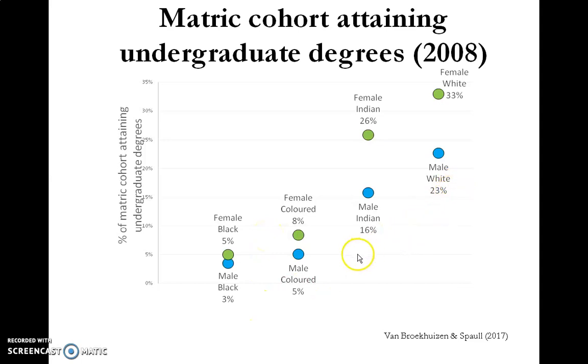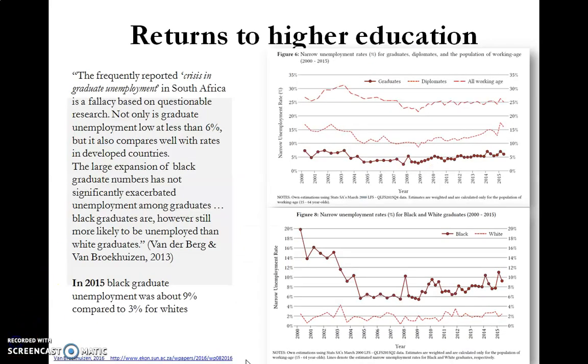But you can still see that the racial divisions of apartheid persist, and your black race has the least or the lowest proportion of matrics attaining undergraduate degrees, followed by colored, and then your Indian and your white races have higher proportions.